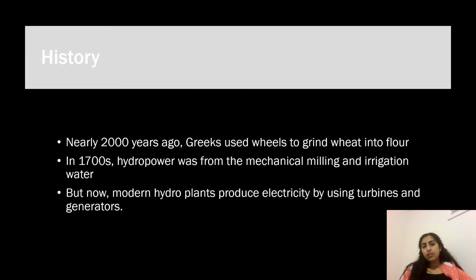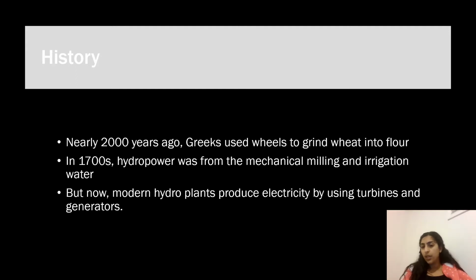Let's talk a little about how we got the idea of hydroelectric energy. Almost 2000 years ago, Greeks used a wheel to grind wheat into flour. And in the 1700s, people got an idea from those wheels that they could use them to run mechanical milling and to irrigate their fields, and they kept inventing.